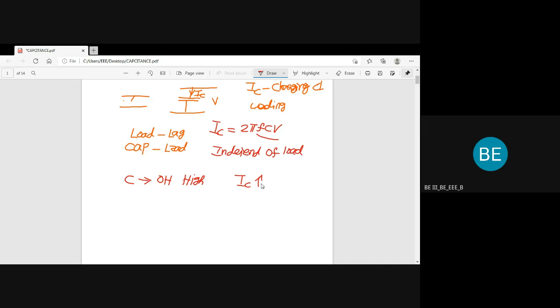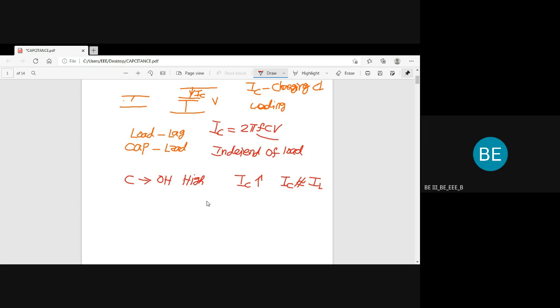This charging current will cancel our load current, which is actually a lagging current. So it compensates the load current.